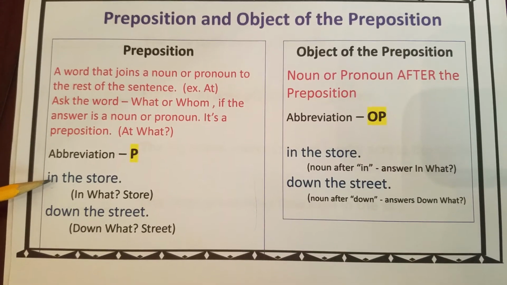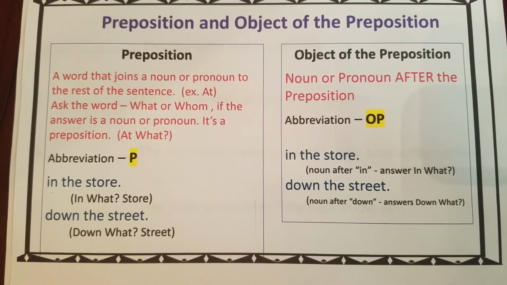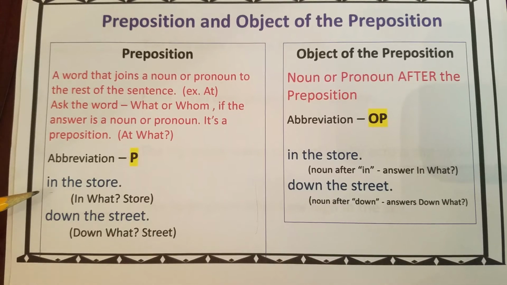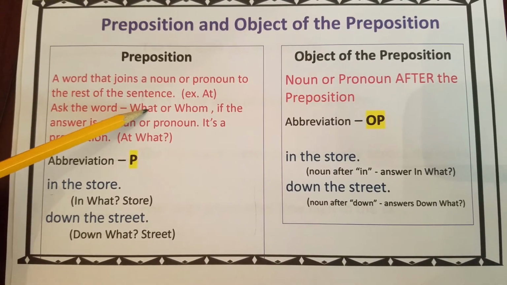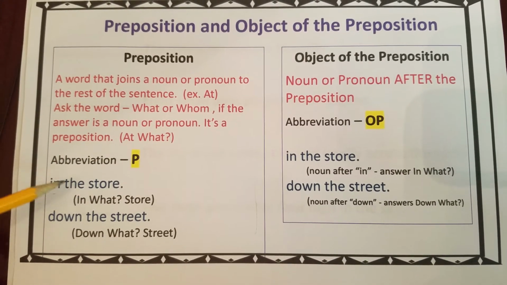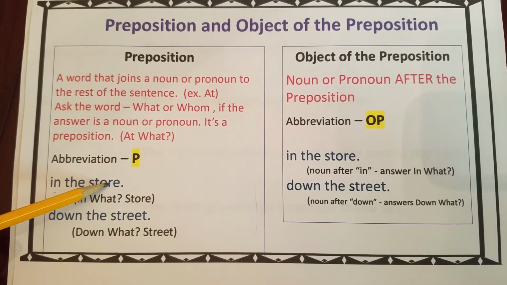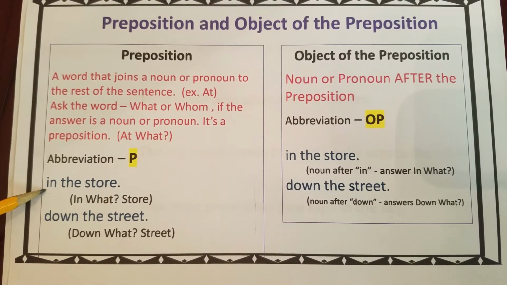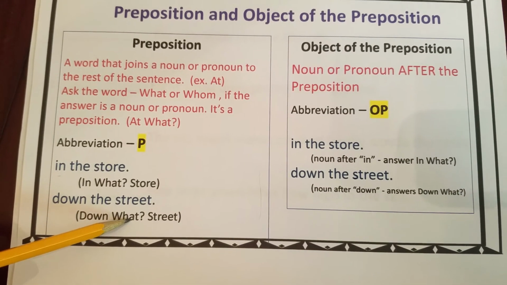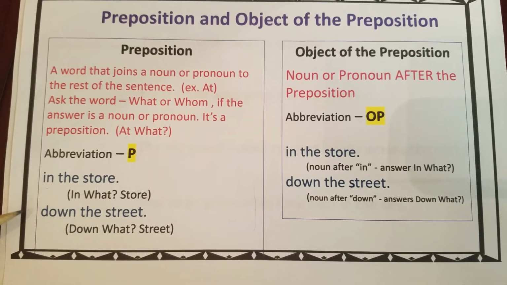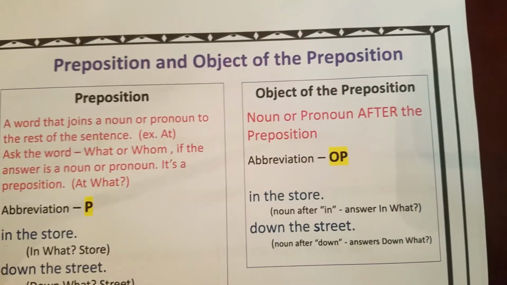But we know that in is a preposition, one, because the jingle told us, and two, in answers what or whom to the noun. In what? Store. So we know it's a preposition. Down what? Street. So down is a preposition.